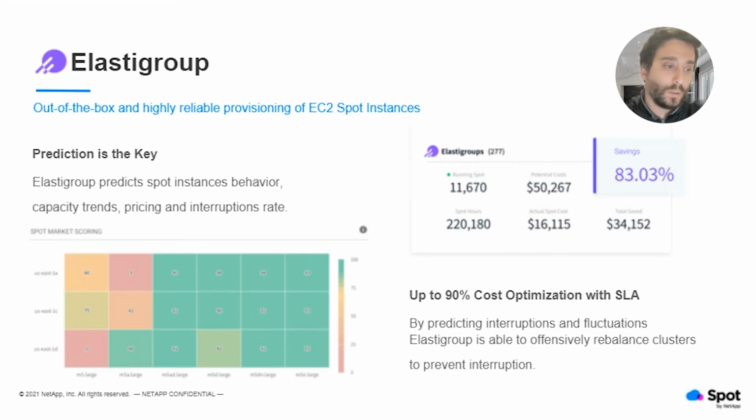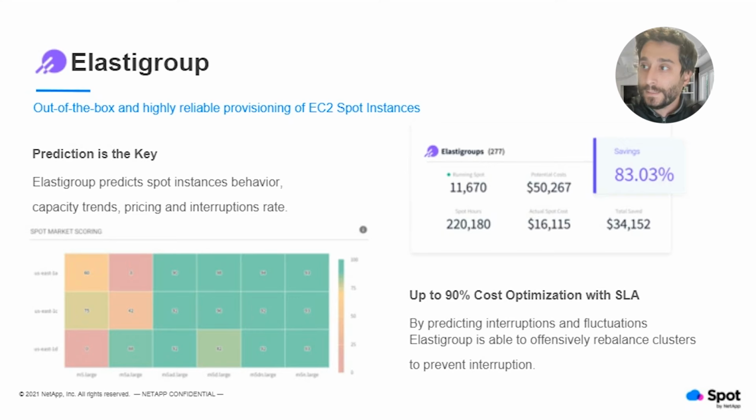You can see here scores of 0, 3, and 96. So eventually, 96 is much better than 3 or 0, right? So Elastigroup continuously monitors the scores of the configured markets.